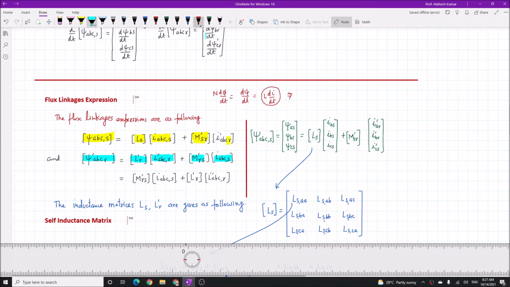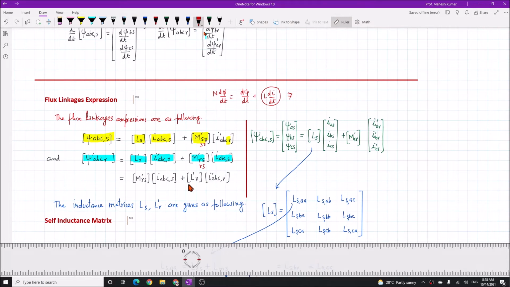I have changed the subscript. Here this is SR, this is RS. Here the stator currents are linking to the rotor. That term is basically MRS dash. And here the rotor currents are linking to the stator. So this is MSR dash.